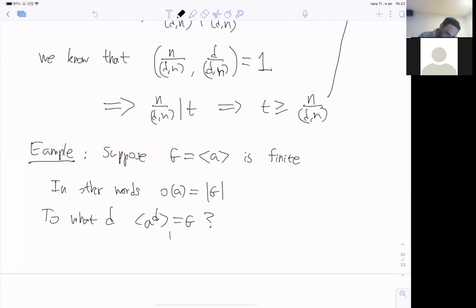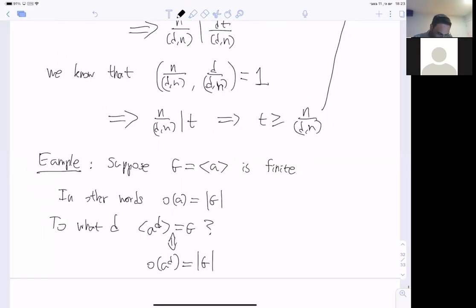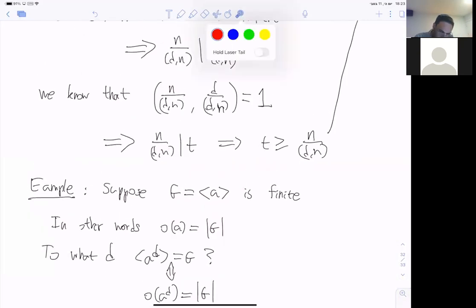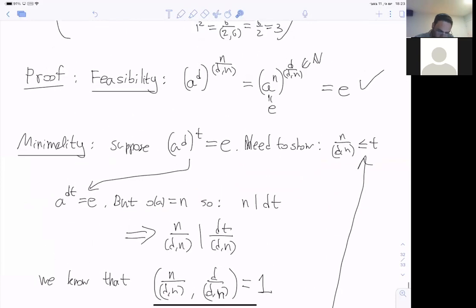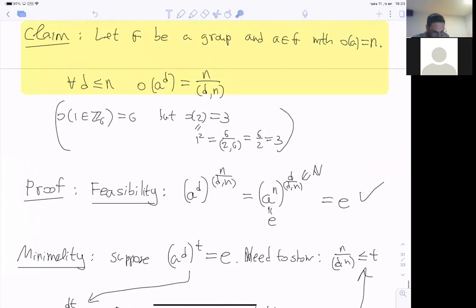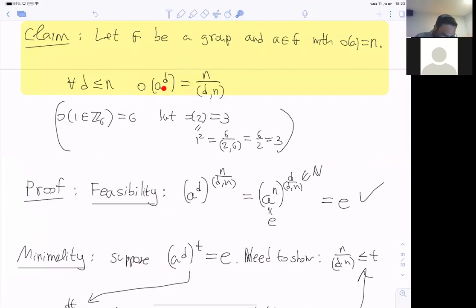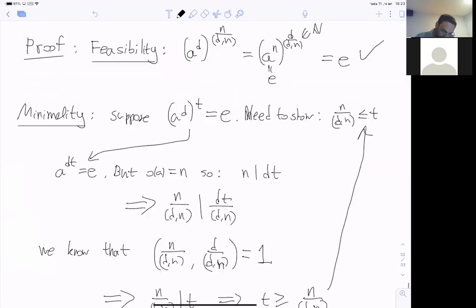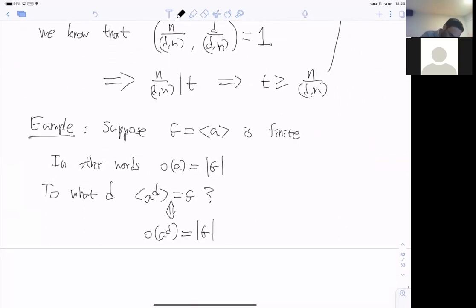Saying this is like saying that the order of A^d is the order of G. But we have seen that the order of A^d is the order of A divided by the gcd of d and n.